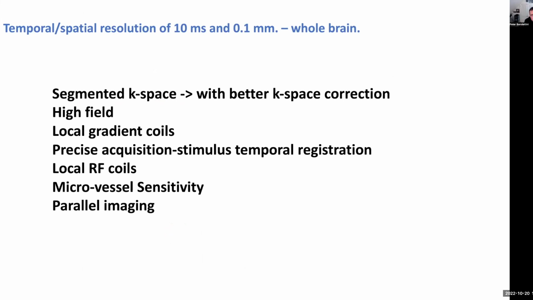So how do we get this high spatial and temporal resolution? I think that we can certainly get to a spatial resolution almost as high as we want if we're willing to sacrifice time. And if we time our data to, for instance, a stimulus, we can chop up K-space any way we want.